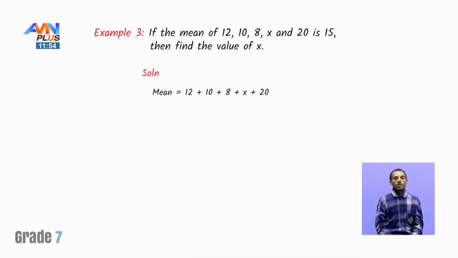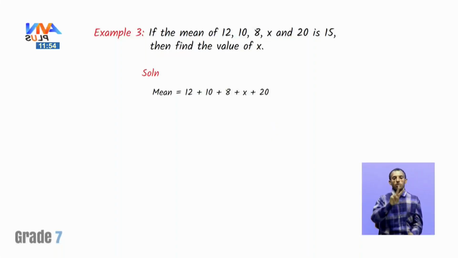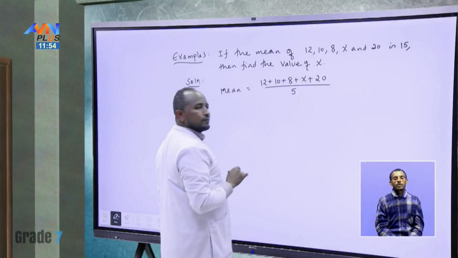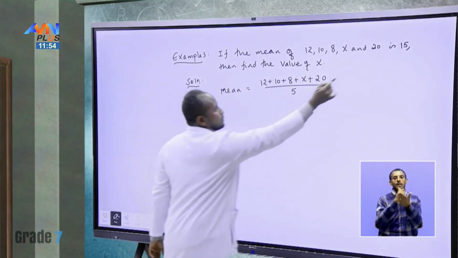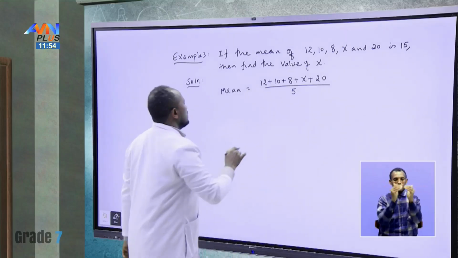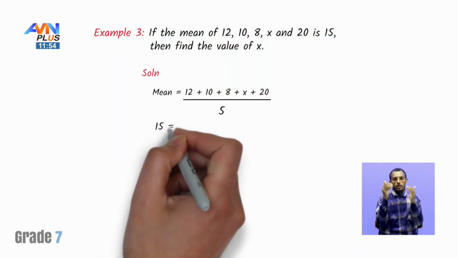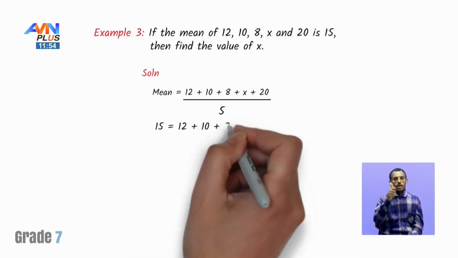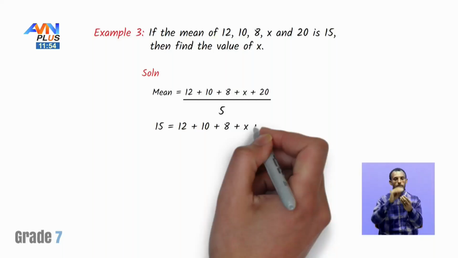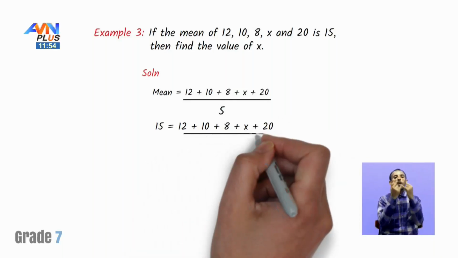So we have how many data here? 1, 2, 3, 4, 5. So you divide this by 5. But here, the mean is given to be 15. Therefore, 15 is equal to 12 plus 10 plus 8 plus x plus 20 divided by 5.